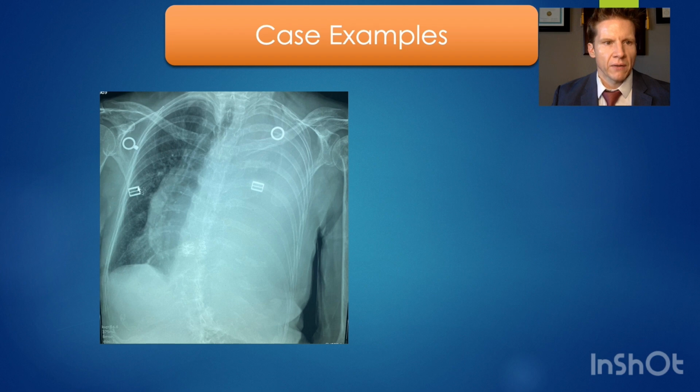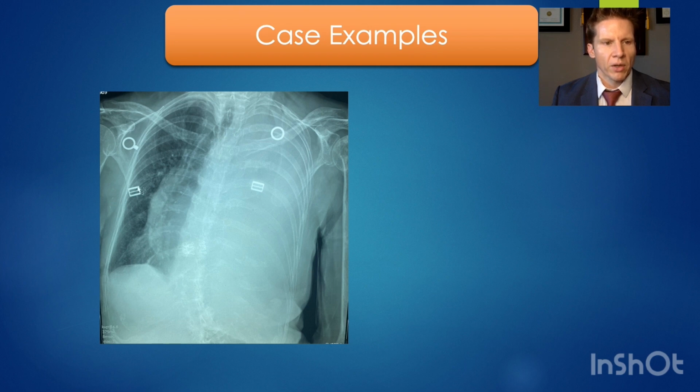So again, kind of going through the technical factors, I don't see any support lines or tubes, a couple little markers that are here external to the patient. There's some scoliosis, but there is also, as we go down, we notice the trachea is completely deviated towards the right.